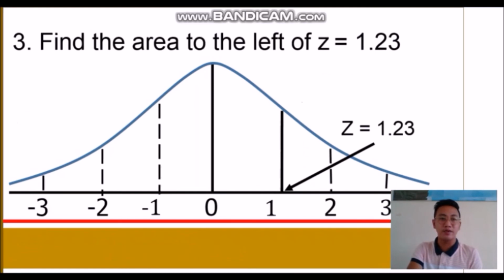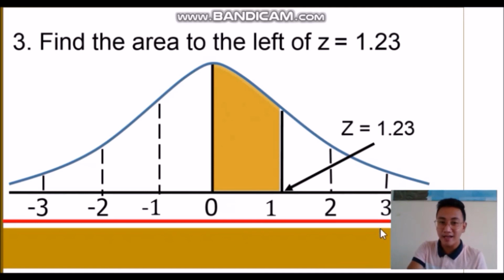Third example, find the area to the left of 1.23. As you can see, 1.23 can be located after 1, and we are looking for the area to the left, from this point to the left side of the normal curve. Now, let's find the value of 1.23 from the table. Have you found it?